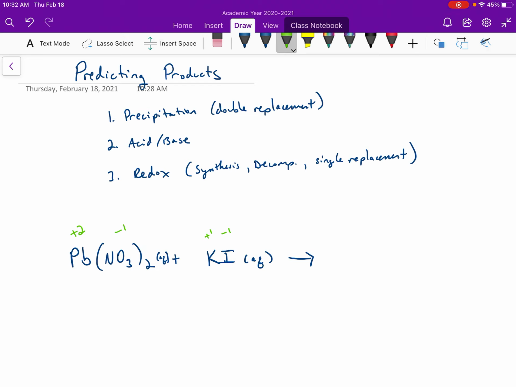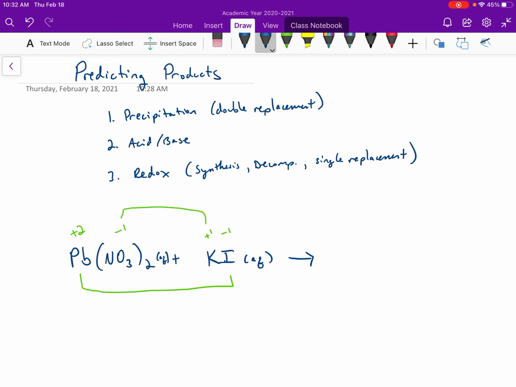okay? So who can switch and go with who? Positives aren't going to go with positives, they're going to repel. Negatives aren't going to go with negatives. So the only option is that lead is going to partner up with iodine, and potassium is going to partner up with nitrate, because that's really the only option here.